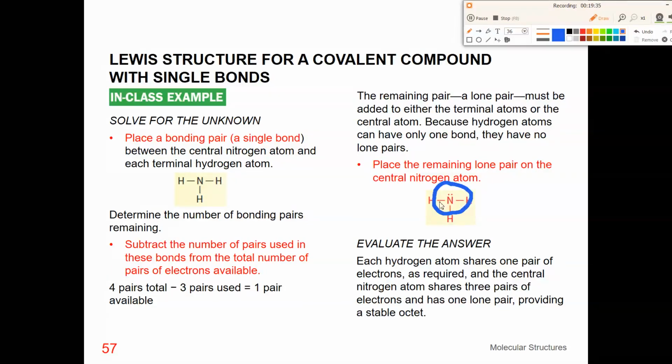Each bond has 2 electrons, so 2, 4, 6, plus the lone pair of 2 electrons, 6 plus 2 is 8 electrons. So all the hydrogen and nitrogen atoms satisfy the octet, and this structure should be the right one.